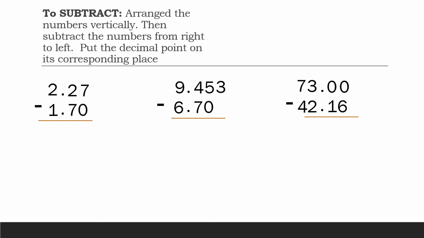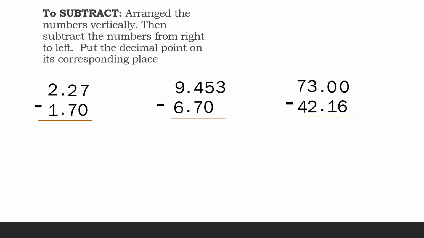So, you have to recheck your answer. Now, let us solve our given numbers using solutions. Kanina, puro visualizing tayo. Ngayon naman, gamitan na natin ang solution. So, to subtract, arrange the numbers vertically, then subtract the numbers from right to left. Put the decimal point on its corresponding place.